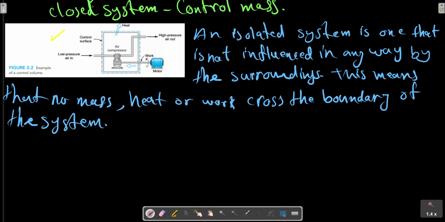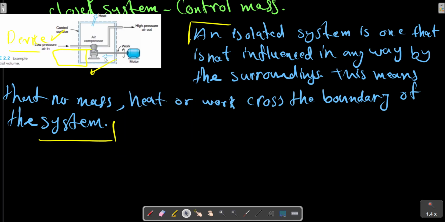So here we have an isolated system, and also a device control volume. For example, a compressor, where we have low pressure.